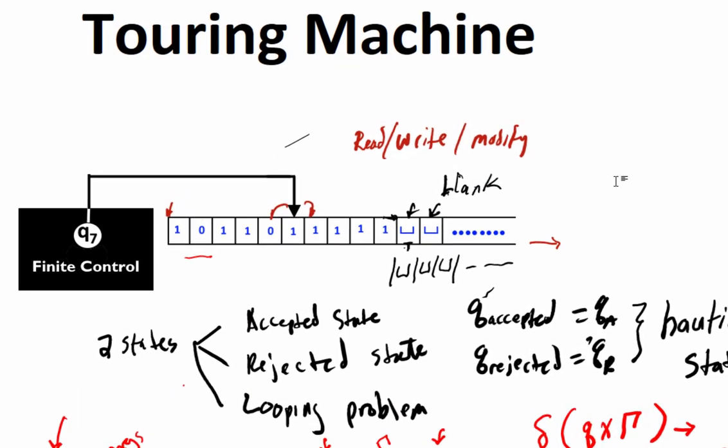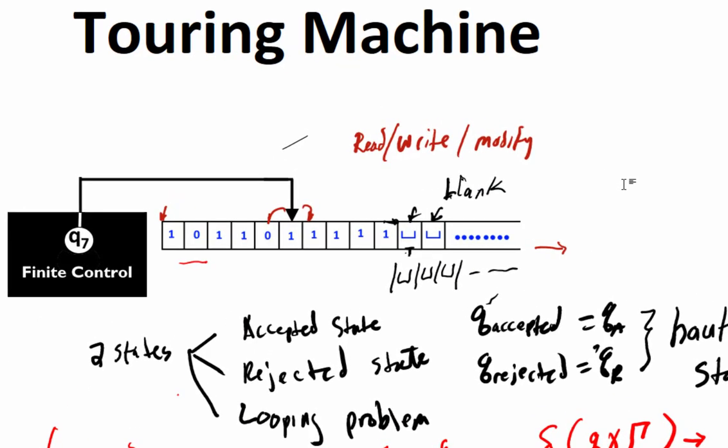One more thing before I move on with an exercise: you need to remember that blanks, like in this case here, do not belong to sigma, but they belong to gamma. So they belong to gamma, not to sigma. They're not part of the alphabet.